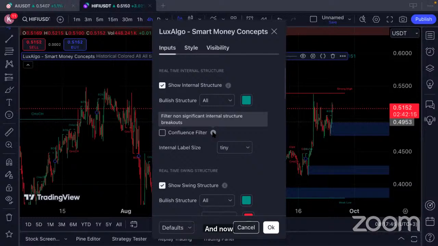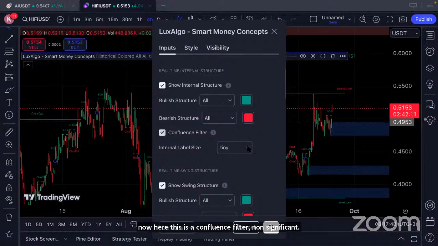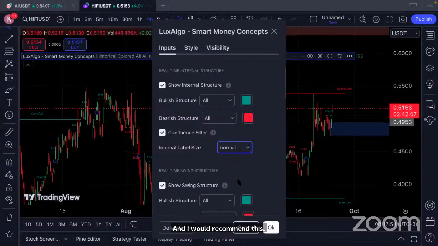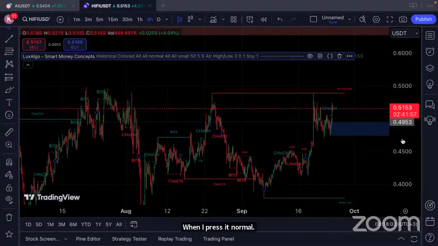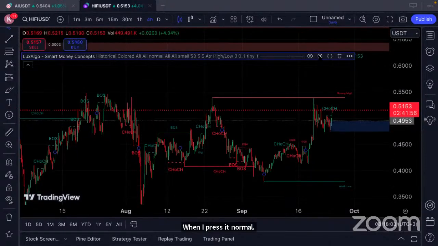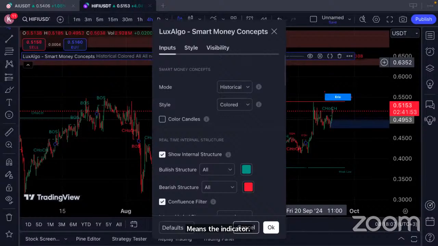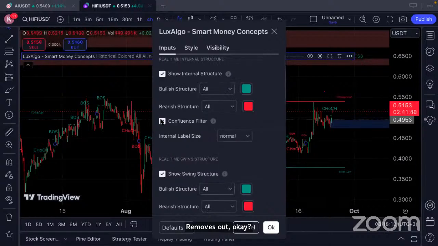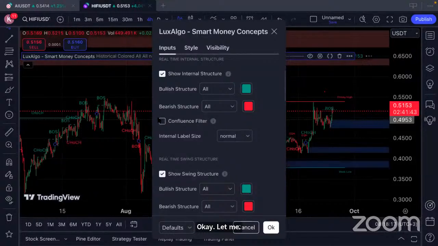Filter non-significant internal structure breakouts. And I would recommend this: make sure you turn it to normal. So when I press normal, it means the indicator removes them.